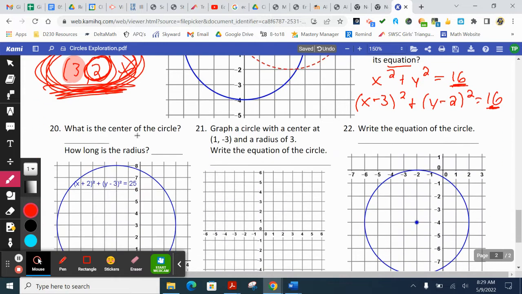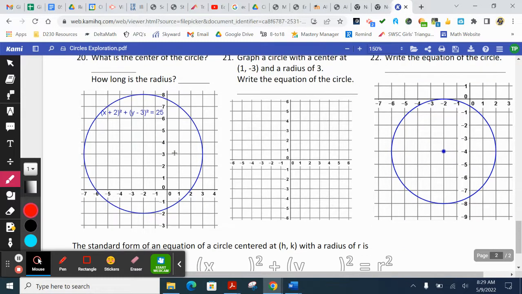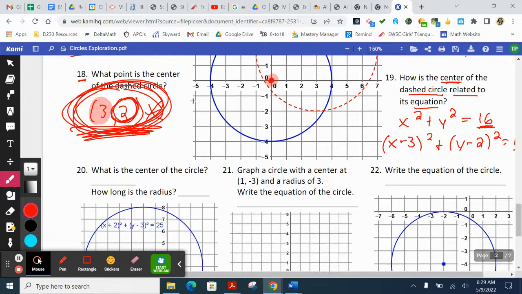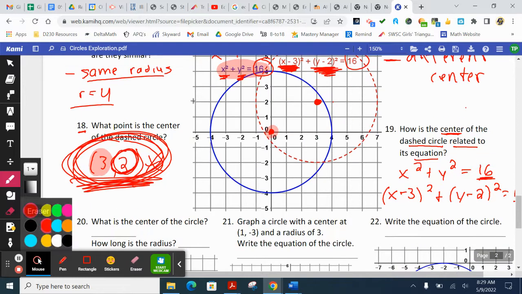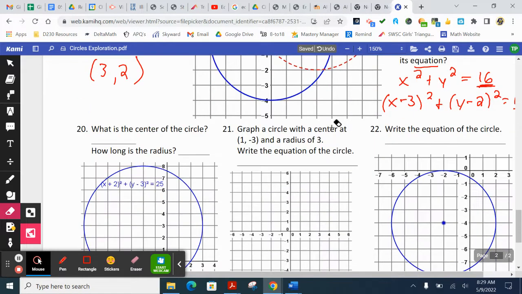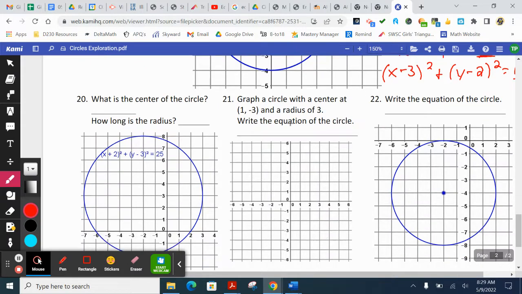All right, so real quick, number 20, do 20 real quick. All right, Omar, what was the center of this guy?